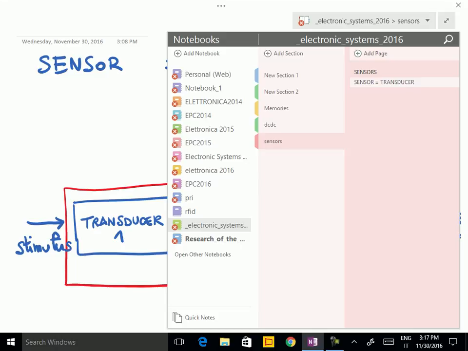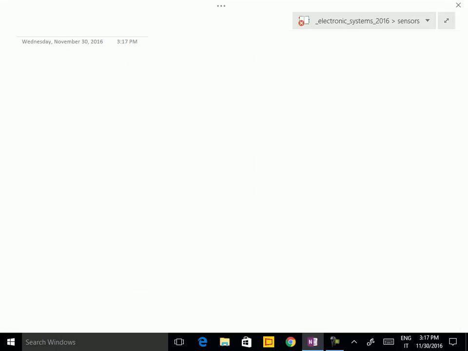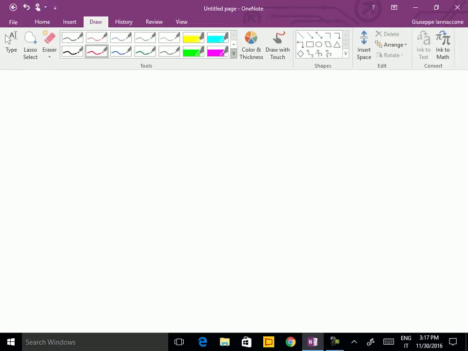Another word that I need to introduce is the concept of actuator.